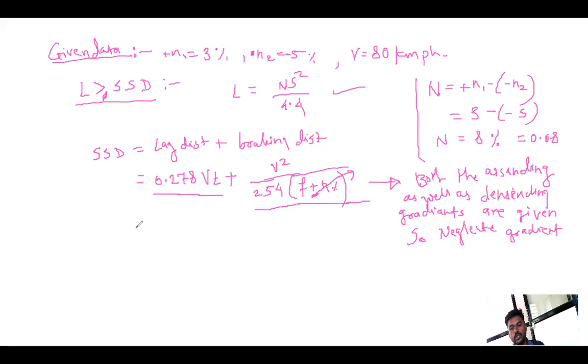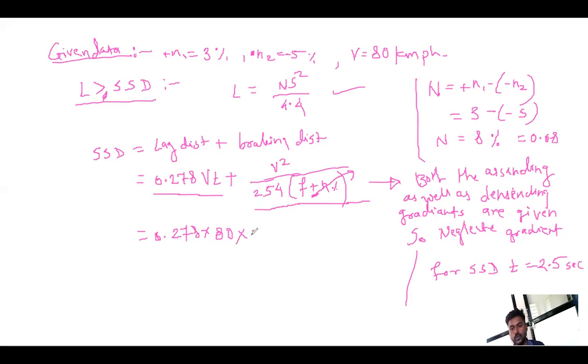Now we have to just put the values into the formula. 0.278 into velocity, which is given as 80, into T. What is T? It is the reaction time. For SSD, T is equal to 2.5 seconds.